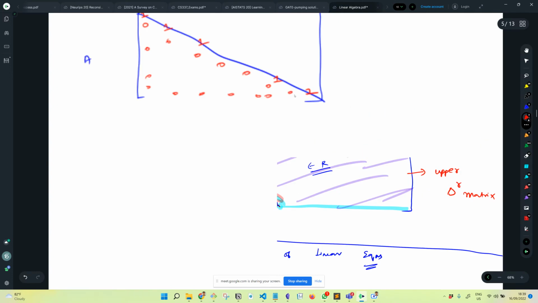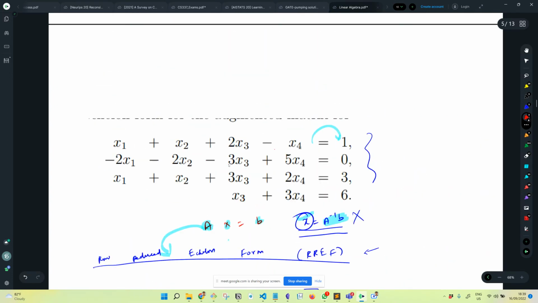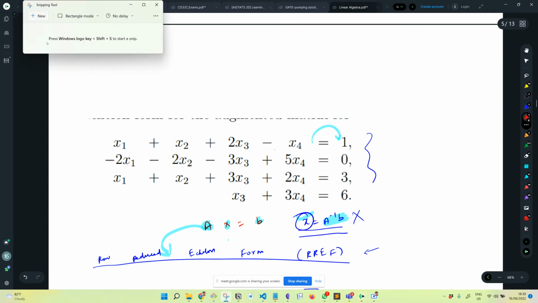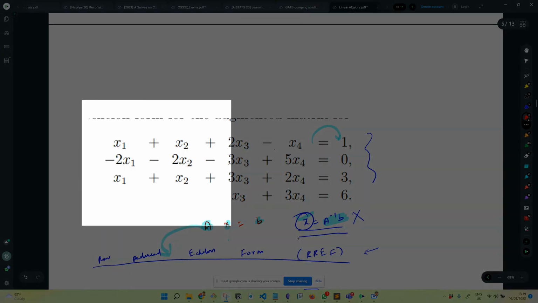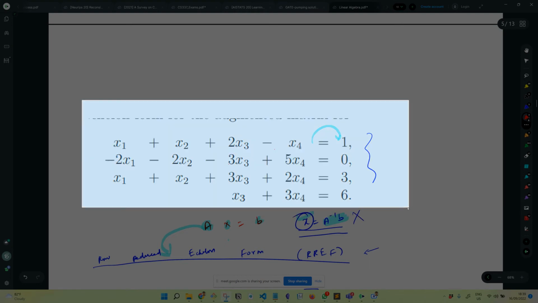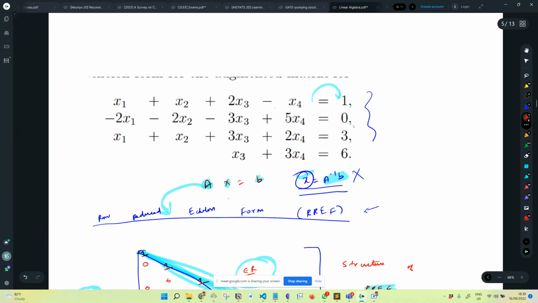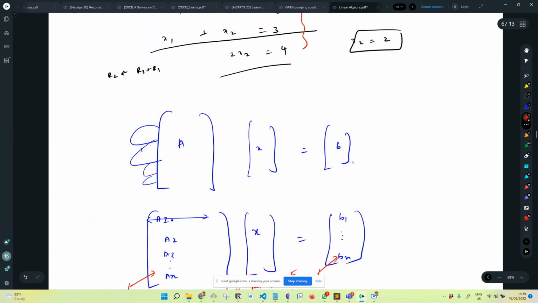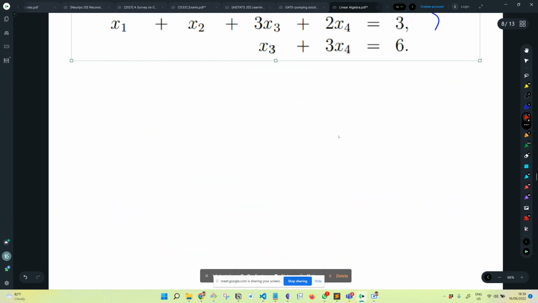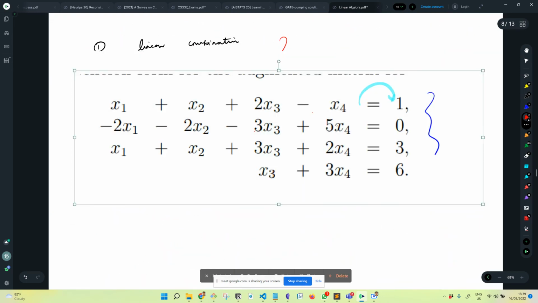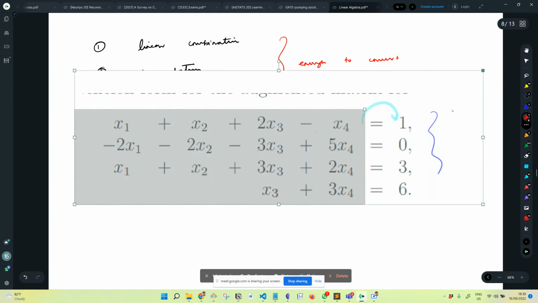difficult example now. Let me bring this image. Yeah, let me copy this image down. Now let's consider the system of equations here.